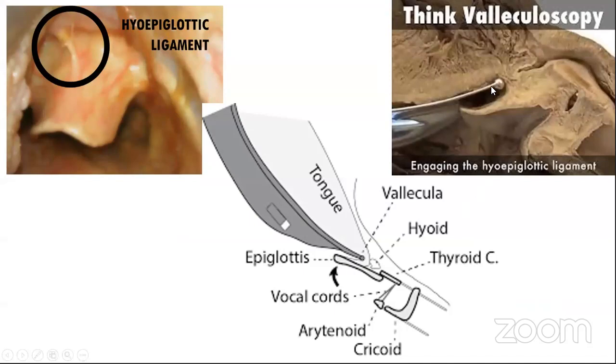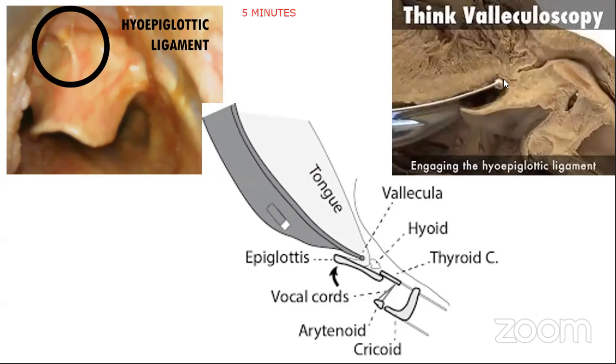And that area is the anatomical base of the tongue. This is the tongue, and this is the epiglottis. This is the common base of both. And anatomically, this is called vallecula. That's why some people say, think valleculoscopy. You are trying to visualize the vallecula, not the vocal cords.